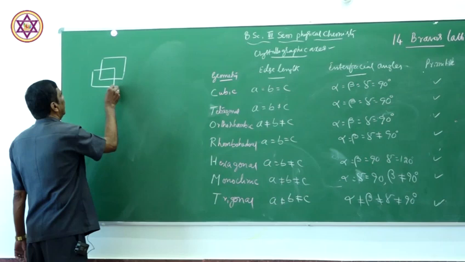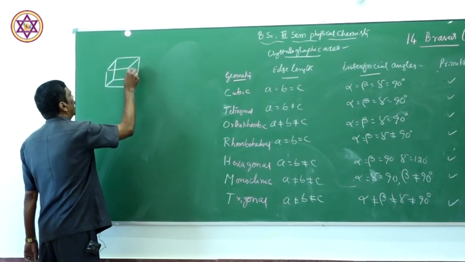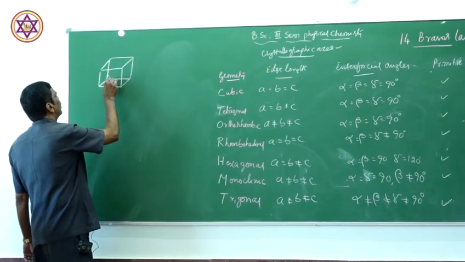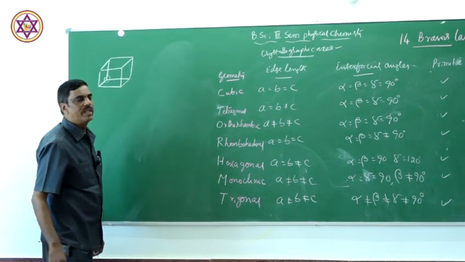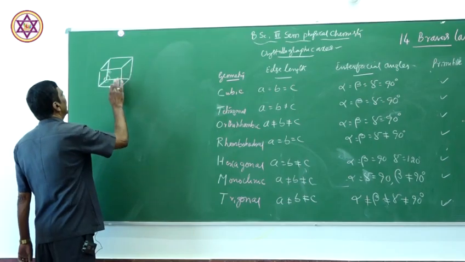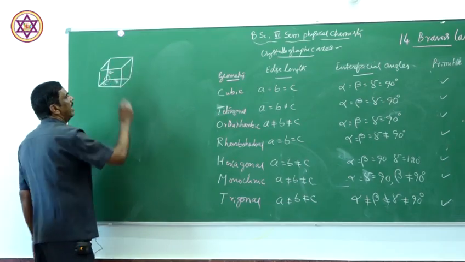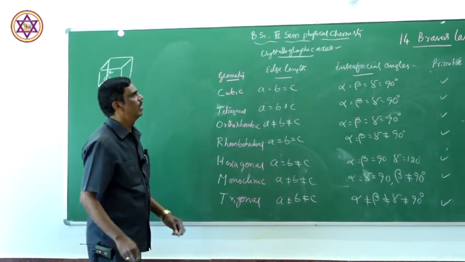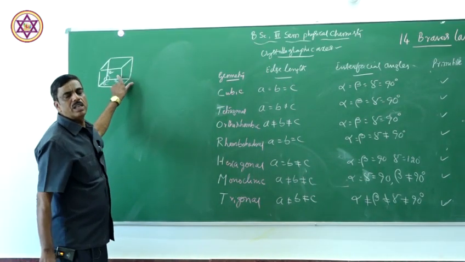In this cubic lattice, alpha is equal to 90, beta is equal to 90 and gamma is equal to 90. All the edge lengths A, B and C are equal. A is equal to B is equal to C, alpha is equal to beta is equal to gamma is equal to 90. So, this is the cubic lattice.